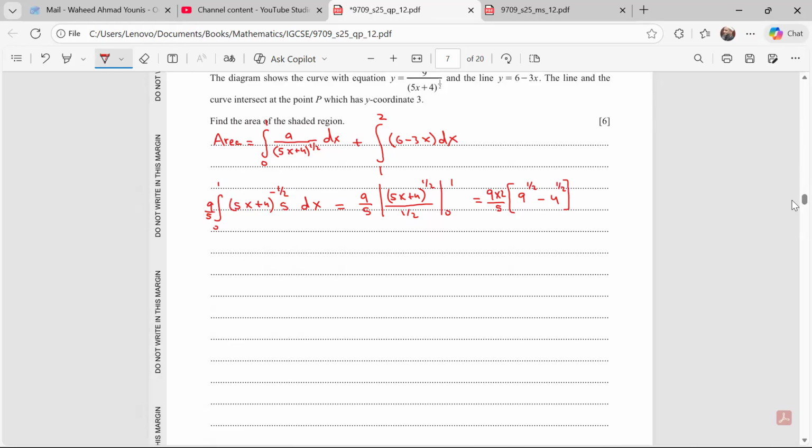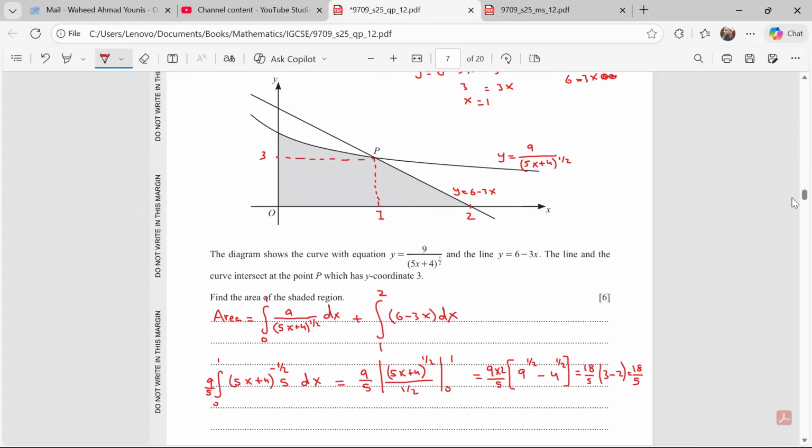So it is 18 over 5 times (3 minus 2), which is 1, so it is 18 over 5 only. Let me show you which area this is. This area we have calculated as 18 over 5.